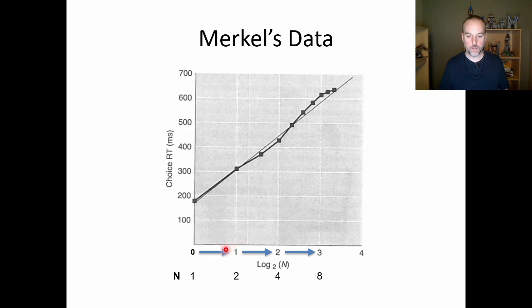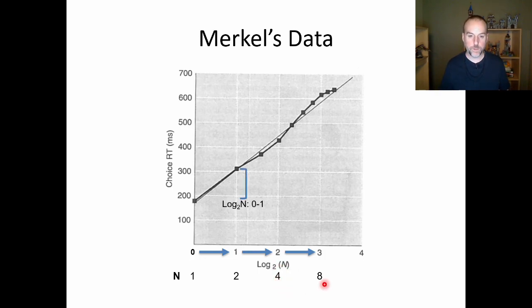When log base 2 is 1, there are 2 stimulus response alternatives, and then here there's 4, and here there's 8. So notice on this graph, every time we go up 1 bit, we're doubling the number of stimulus response alternatives. So 1 times 2 is 2. Let's double this. 2 times 2 is 4. Double it. 4 times 2 is 8.